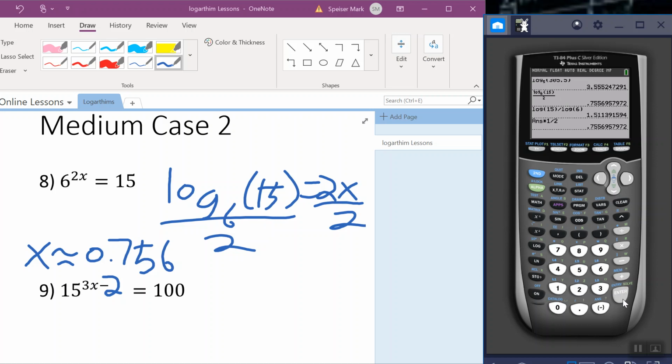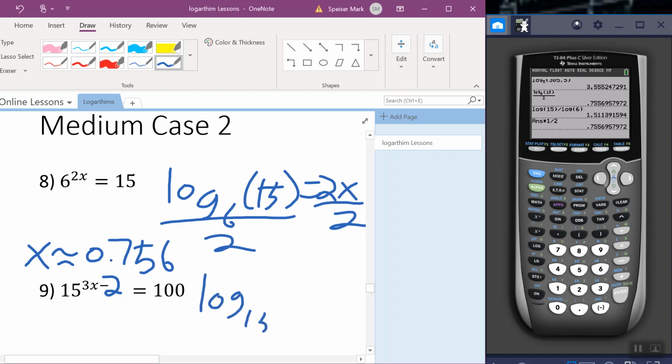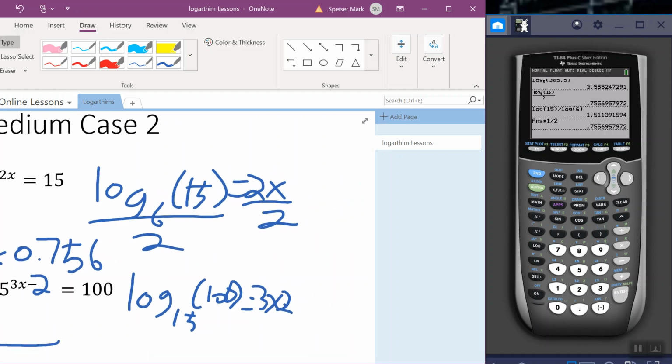15 to the 3x minus 2 power equals 100. Use log. Change it to log of base 15 of 100 equals 3x minus 2.